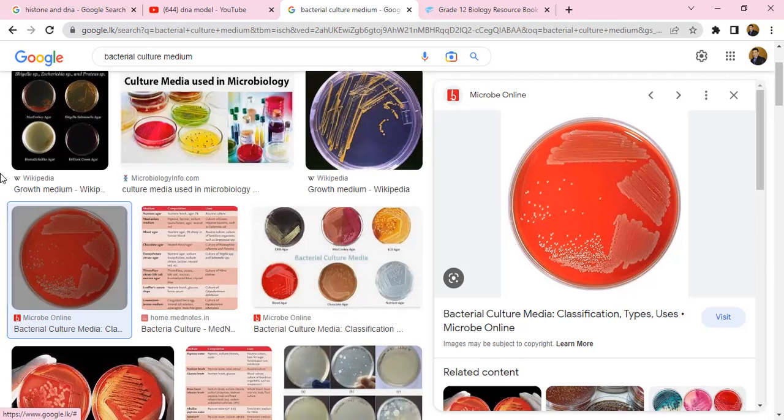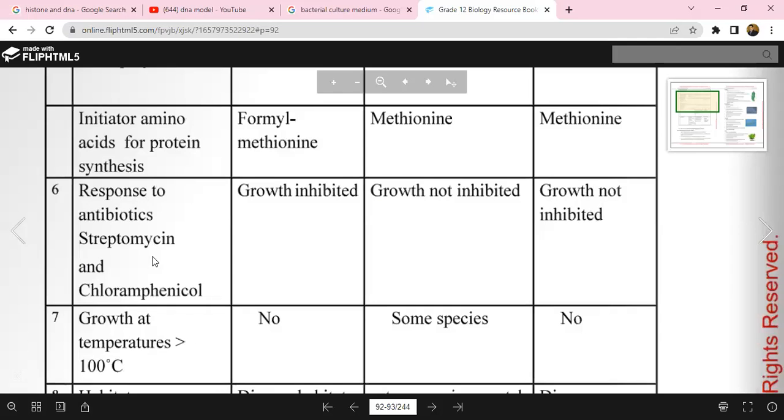That's why archaea grow without being affected by streptomycin or chloramphenicol. Understood? Yes, sir. Right. So, hope you all understood the response to antibiotics, streptomycin and chloramphenicol. Are you clear? Clear, sir.